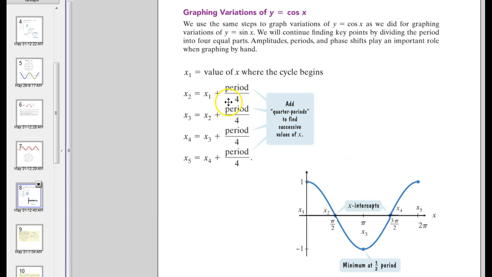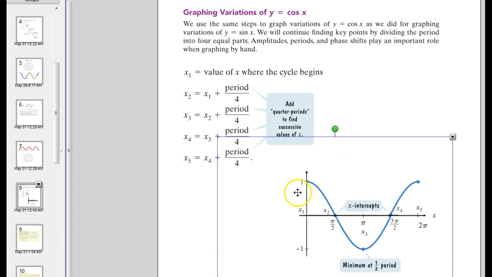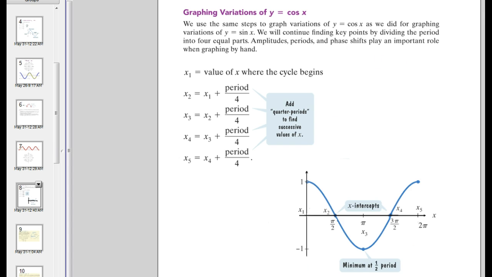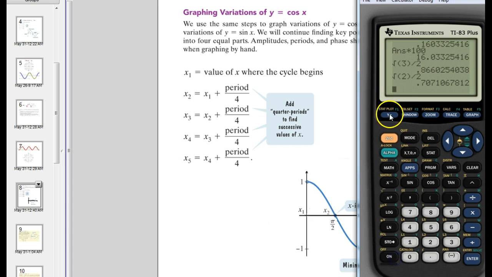And the same thing as before, when we want to do variations of cosine, we're just going to take the period, cut it up by 4, and use that to make our way from maxes and mins to intercepts. It's just that we typically start off at a high point, and then if you remember back from pre-cal 1, when you multiply these things by a negative, like if I graphed the cosine of x, and then here I wrote the negative cosine of x.